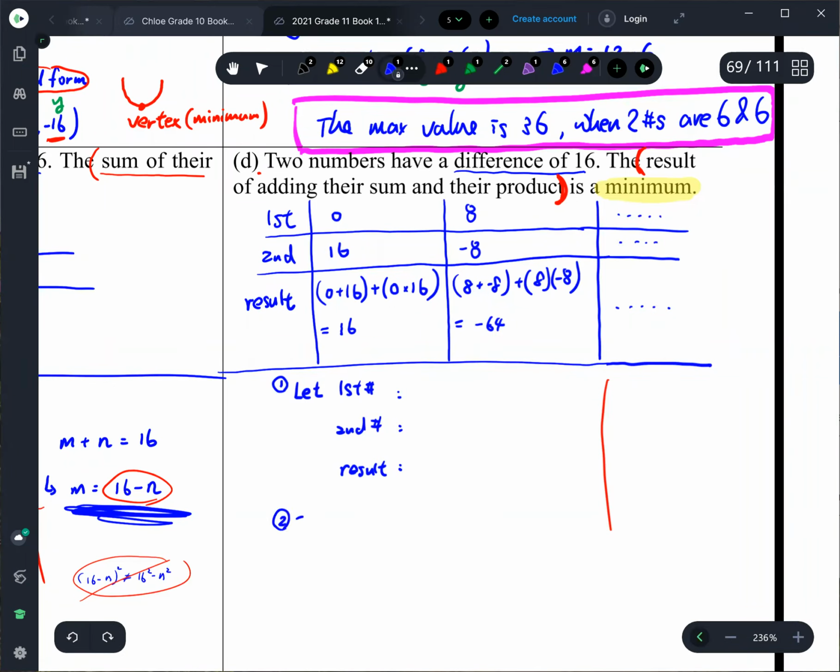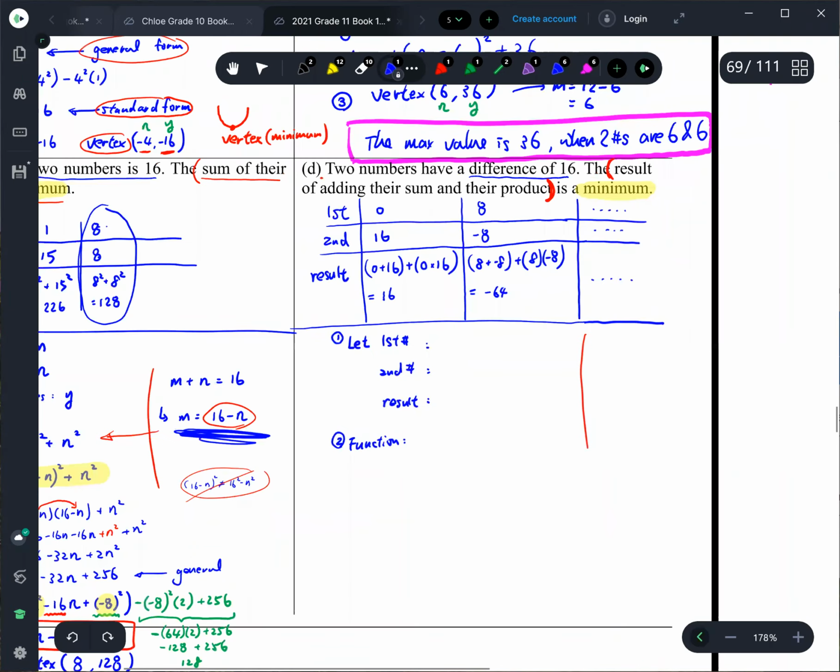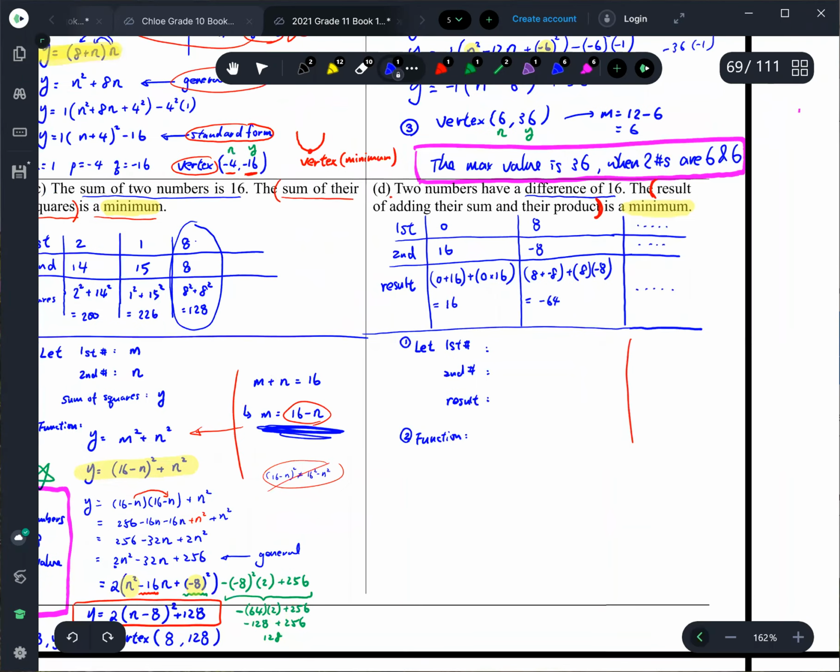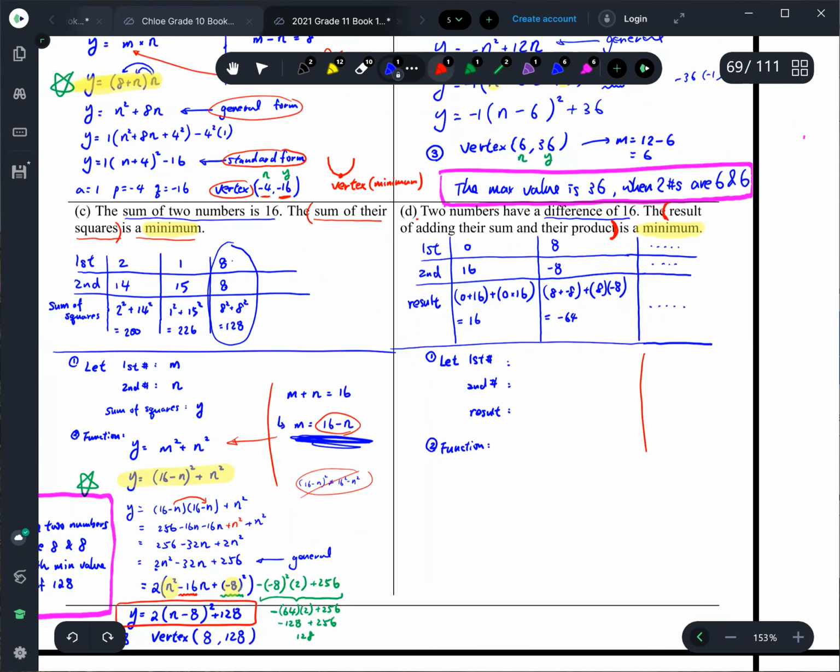And then you need to write out the function. So please, I'll let you try. Go to the function. See if you can get to the yellow highlighted part. So compare, the green start. Once you've got a function, before you change it to general form, please raise your hand. We'll check that first.